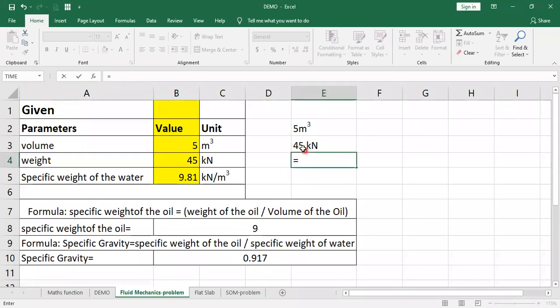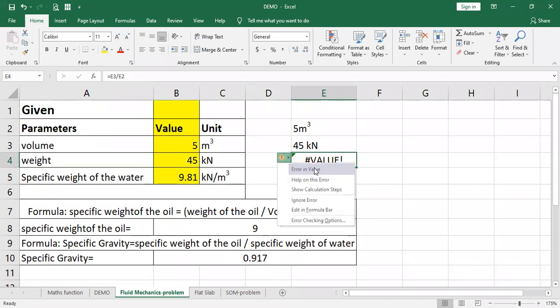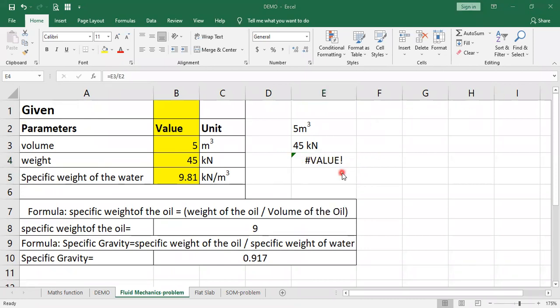So what I'll do, I'll just click on here and then divide it by 5 and press enter. So now you just look at, it will give you the error. This is giving you the value error.